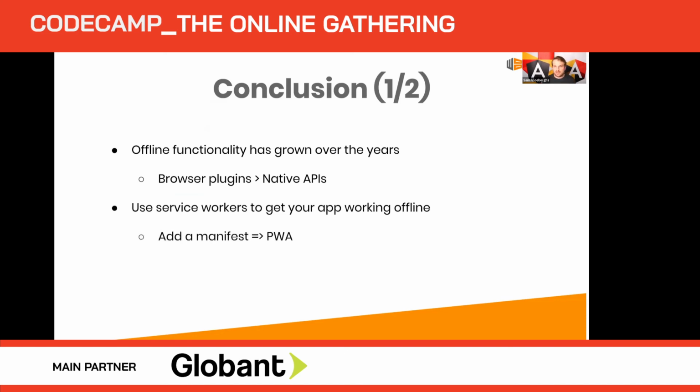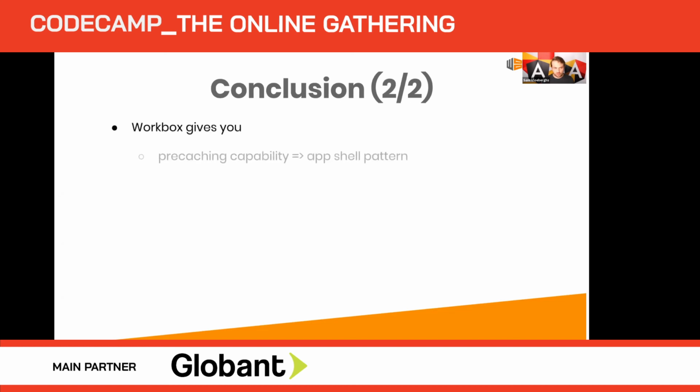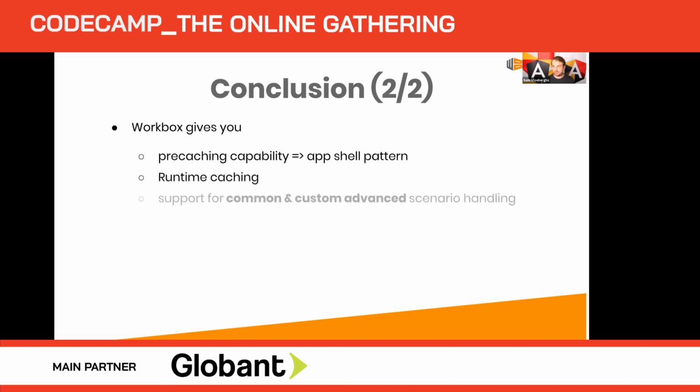If we just add a manifest, we get a progressive web app. And Workbox, by Google, is a tool that allows you to generate or extend your service workers. Workbox gives you pre-caching capabilities that allow you to use the app shell pattern and runtime caching.